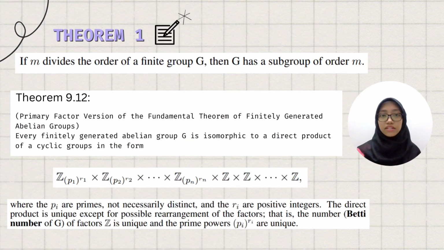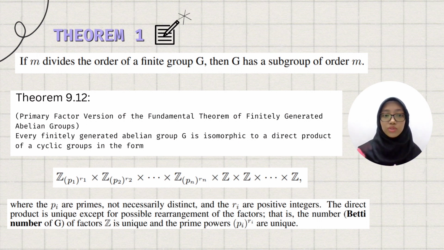Theorem 1. If m divides the order of a finite group G, then G has a subgroup of order m. By Theorem 9.12, the primary factor version of the fundamental theorem of finitely generated Abelian groups states that every finitely generated Abelian group G is isomorphic to a direct product of cyclic groups of the form integers modulo p1 to the power of r1 times integers modulo p2 to the power of r2 times until integers modulo pn to the power of rn, where the pi are primes not necessarily distinct and the ri are positive integers.